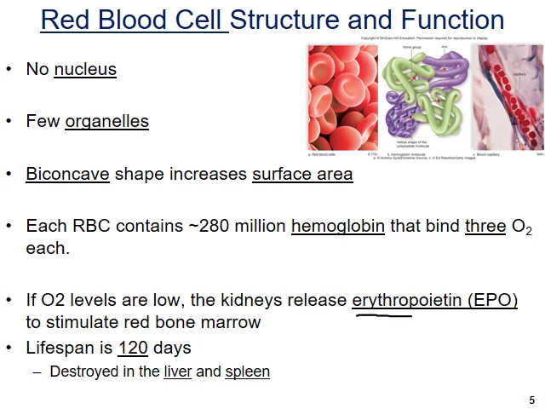Every time a red blood cell goes through a capillary, it has to bend in half, and while the capillary isn't a super rough exterior or interior, it does get a little wear and tear essentially. So after 120 days, it's a little bit rough around the edges, literally. In the liver and the spleen, as blood passes through those organs, they will clean out and basically destroy and recycle, for the most part, many parts of the red blood cells.